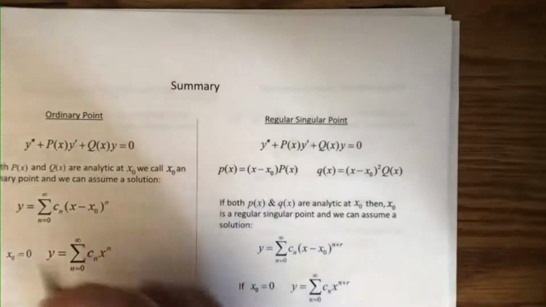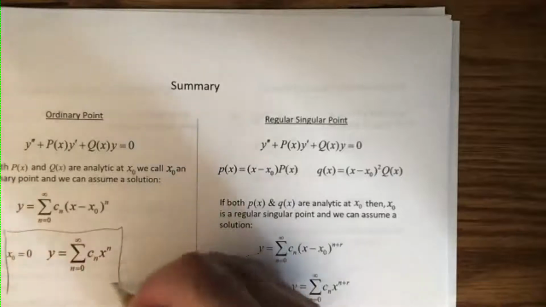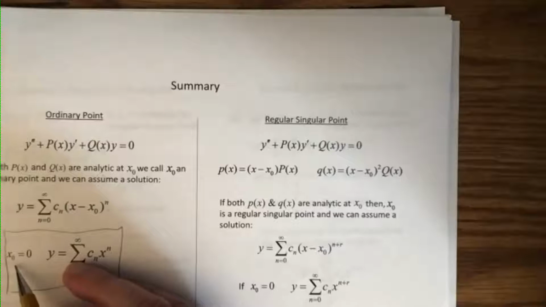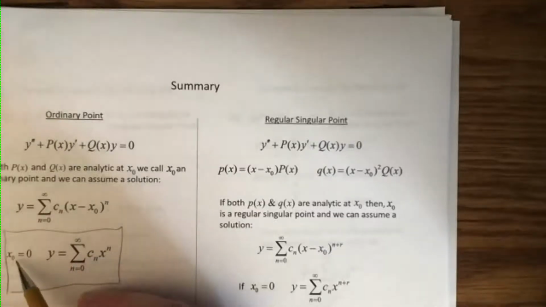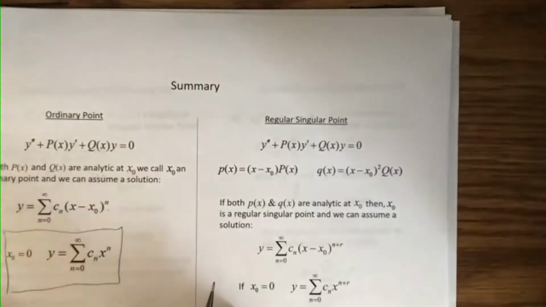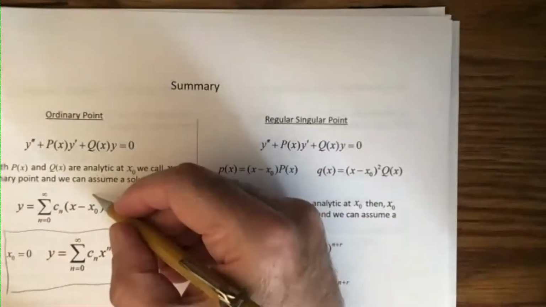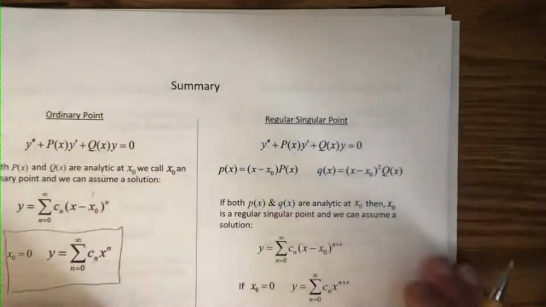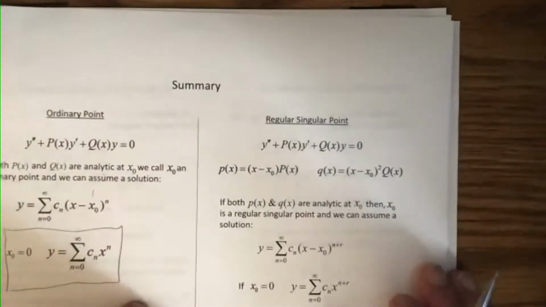Once again, the problems I'm going to give you, both in the homework and on any exam, will be about the point x equals 0. But I want you to understand you could expand about another point as well. If you can do one, you can do the other.